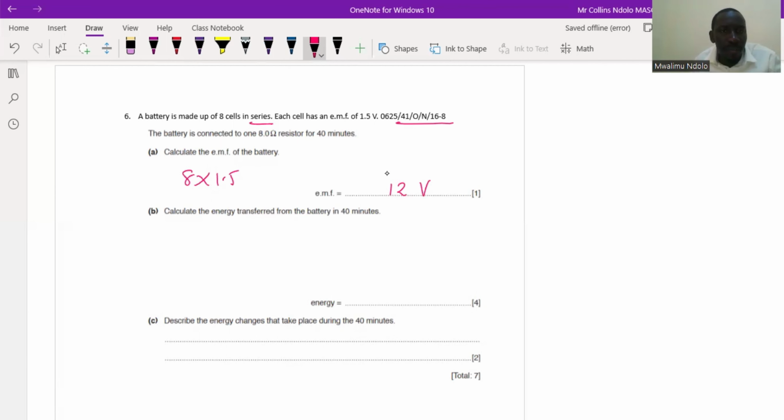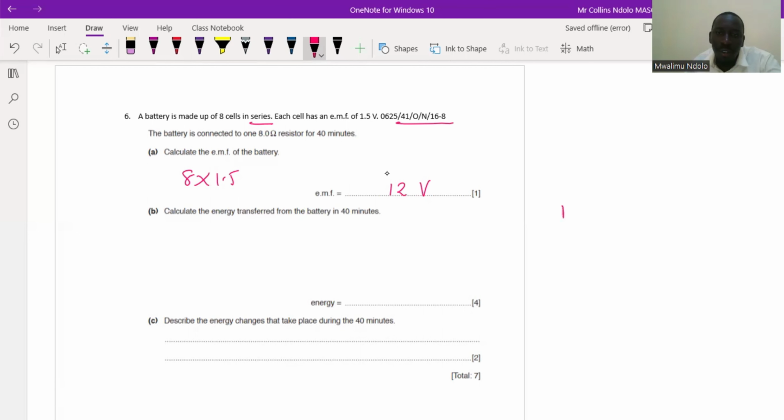Calculate the energy transferred from the battery in 40 minutes. So sometimes students forget whether the question has to do with power or energy, and then you keep wondering, how do I know the formula for energy? How do you master them? Please just know the definition of one.